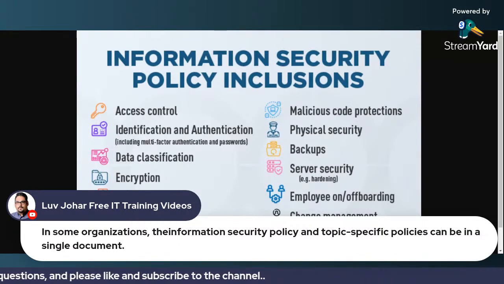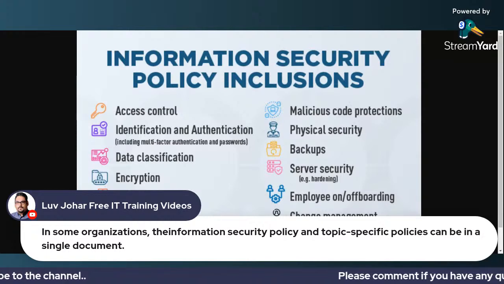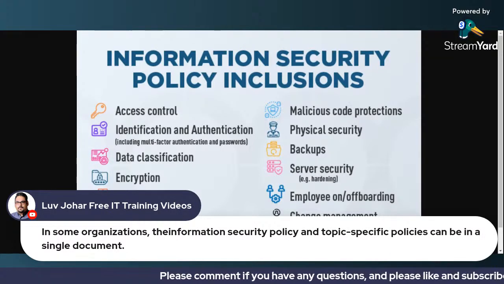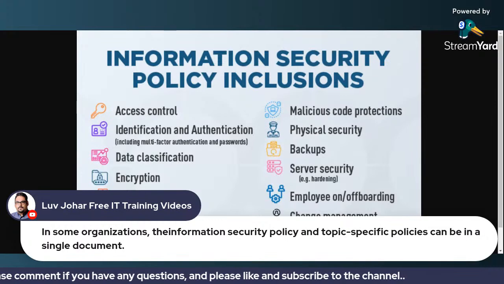The organization can name these topic specific policies as standards, directives, policies, or others. So now it says what you can name these policies. Again, this is also very important, so I would highlight it here.